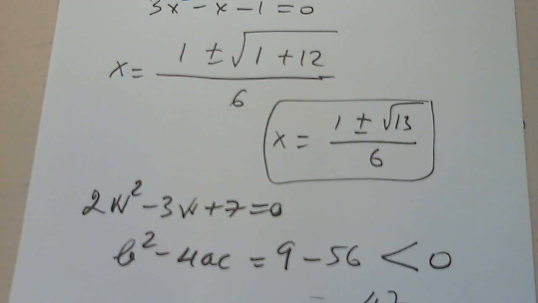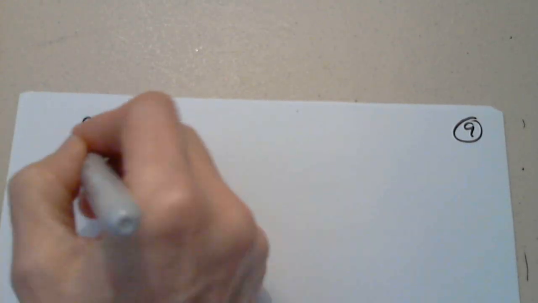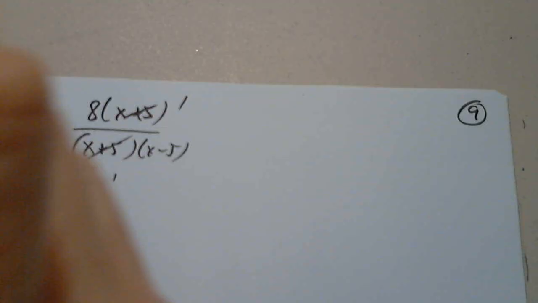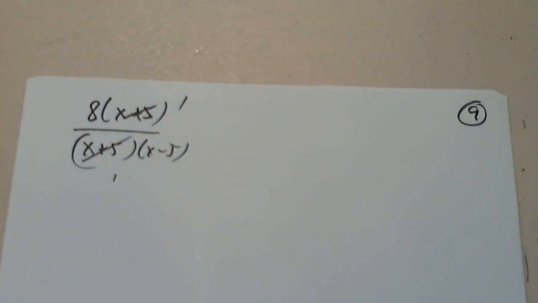Okay, so this I have to factor out. So 8 and x plus 5, and x plus 5 and x minus 5. And we simplify. So it's 8 over x minus 5. I didn't think it would allow me to go back.